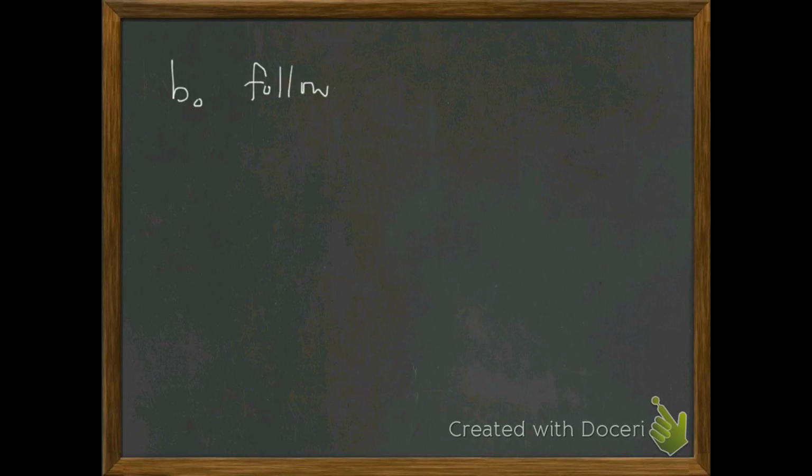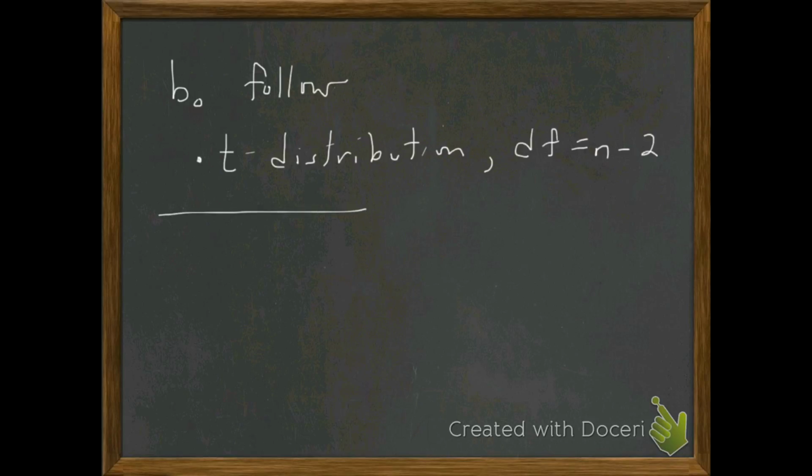So we know that our b0s follow the t distribution, degrees of freedom n minus 2. And the mean, much as you expect, the expected value of b0 equals beta 0.